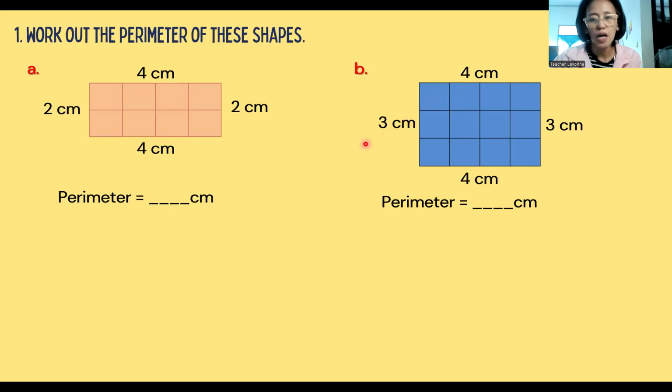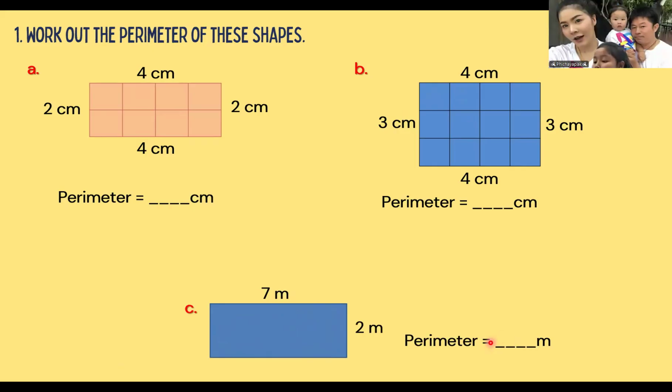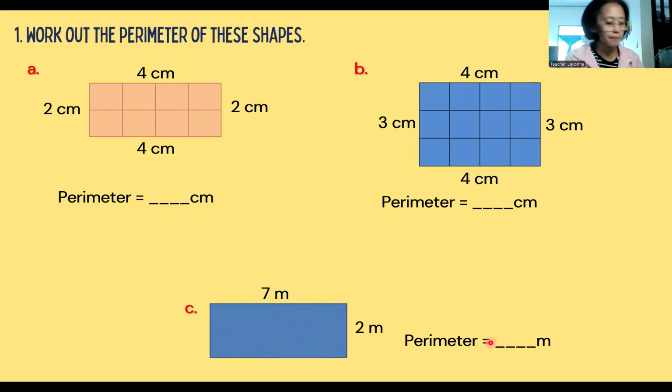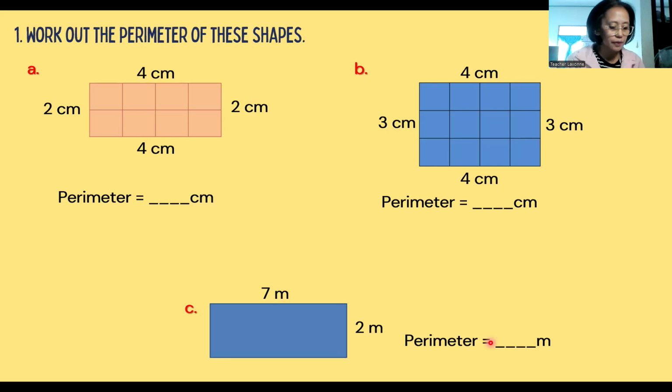Okay, those who are done with A and B, write in your notebook now letter C. Write the perimeter. In your notebook, write how you get the answer. Write only letter C and write your answer.